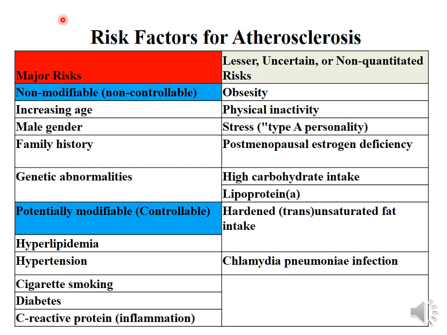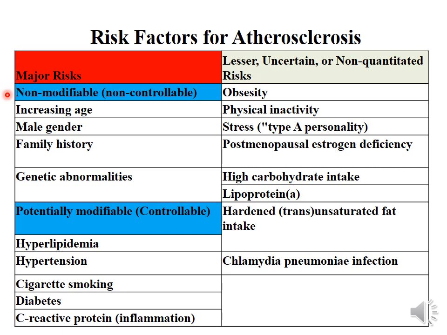The major risk factors have been further divided into modifiable and non-modifiable risk factors. We mean by modifiable the ones that can be controlled by medications and by lifestyle modifications. And non-modifiable or non-controllable risk factors are the risk factors that cannot be controlled using medications or lifestyle modifications.